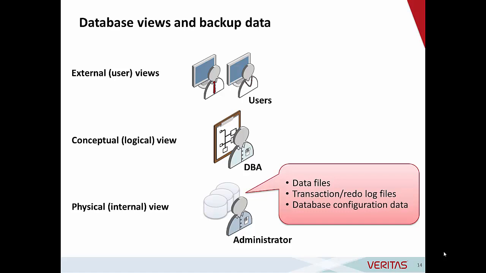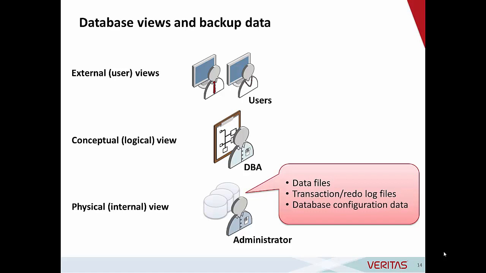We mentioned that databases are made up of different types of data, and different folks have different views of that data. The external or user view is what a user of the database sees, and a database view is usually just a slice of the database, not all the data that's there, and only the data, not any of the metadata or supporting structures. Compare that to a DBA, who has a more conceptual view of the database, where they see the data and the metadata, and they see it organized into tables and table spaces.